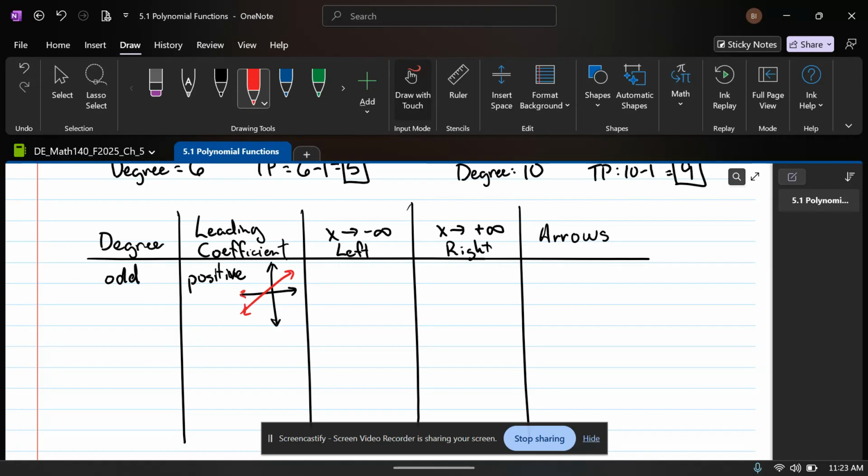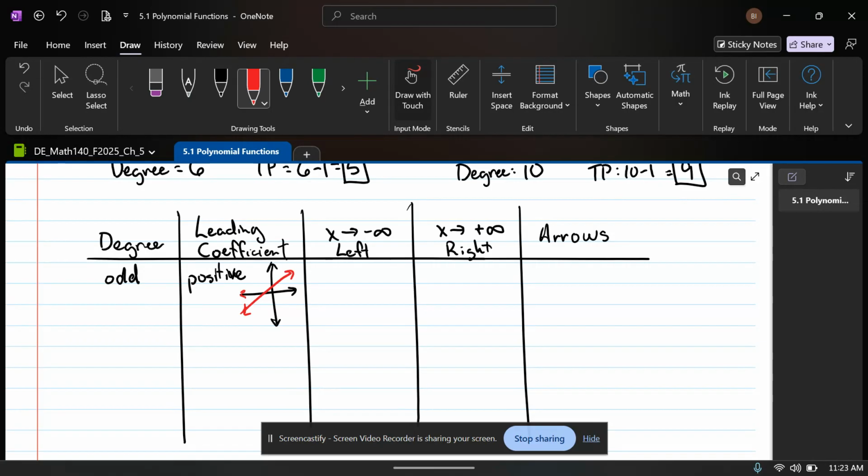Odd degree polynomials act like lines because a line is the most basic odd degree polynomial. The degree of a line is 1 because in y equals mx plus b, that x has an exponent of 1. So it's really a polynomial, but it's degree 1. So any odd degree polynomial, if it's x to the third, x to the fifth, x to the 27th, any odd degree polynomial with a positive leading coefficient is going to act like a line with a positive slope.